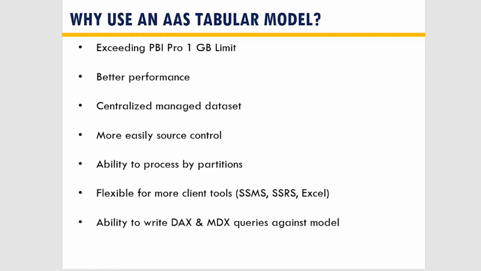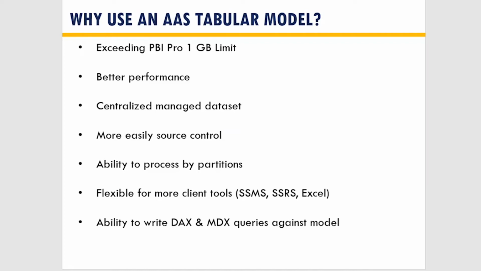I see a lot of companies, what they'll do is they'll say, well, we don't know what to do, so we're just going to cut out some data. We're going to only use a month or a year's worth of data, so we don't hit this limit all the time. But I think you're going to limit yourself in your analytics that way. So this might be a good option.